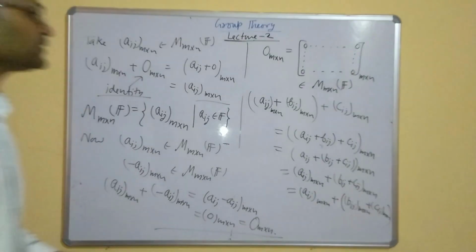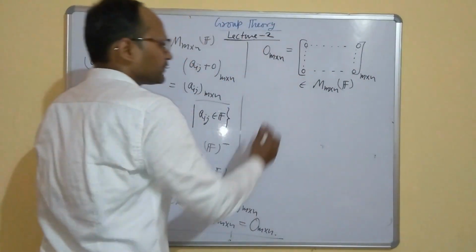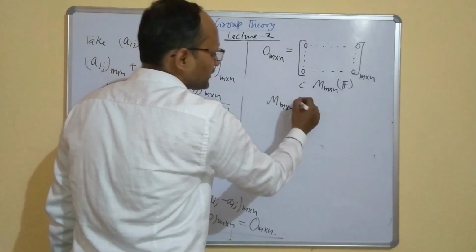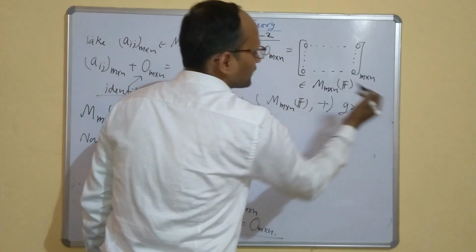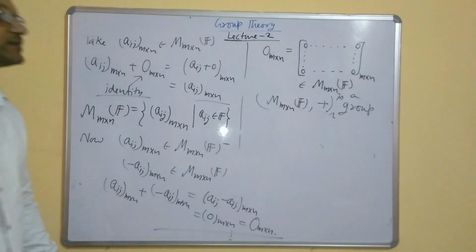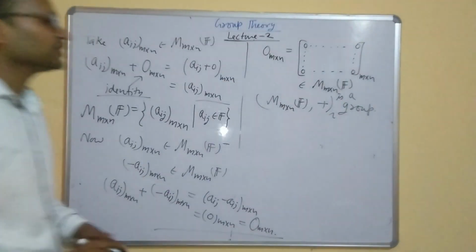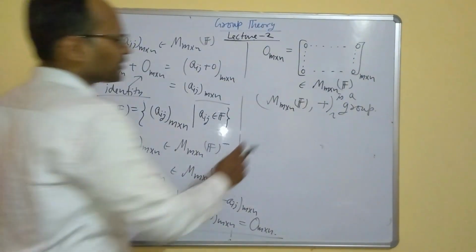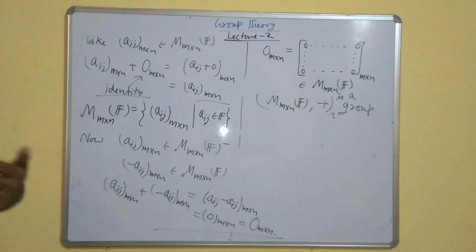So it means this set M_{m×n}(F) with respect to addition of matrices is a group. Okay. So the set of all m cross n matrices over the field F with respect to addition forms a group.